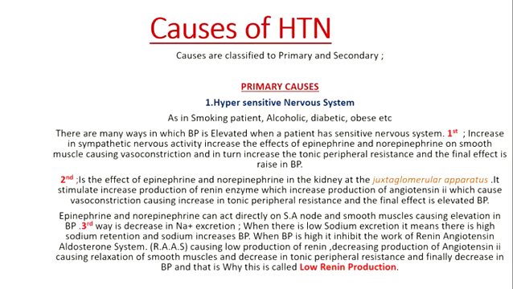So let's go directly to discuss the primary causes of hypertension, and one is when somebody has what we call a hypersensitive nervous system. Hypersensitive nervous system, as in those people who are smoking, those people who are alcoholic, those who are diabetic, those people who are obese, those people who use nicotine.